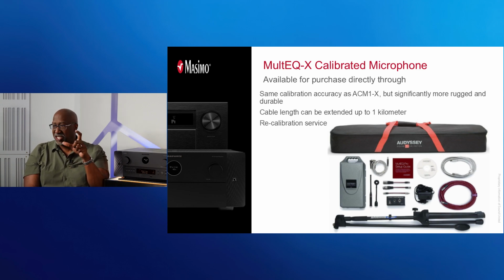It comes with its own tripod. And then the cable can be up to a kilometer, so 1,000 meters. It's more for that dealer who wants the flexibility of being able to run the cord as far as possible.